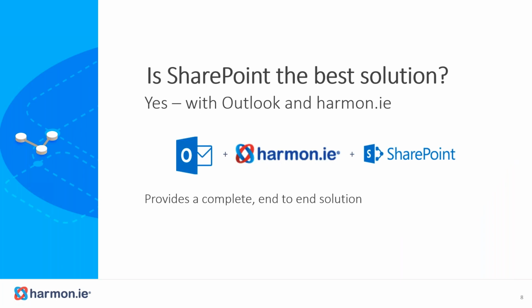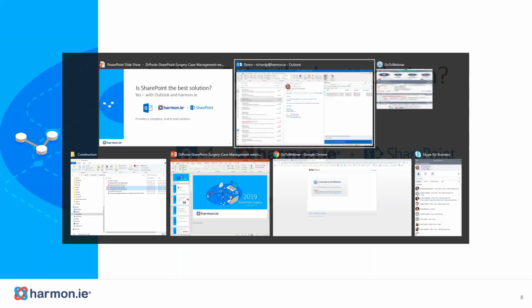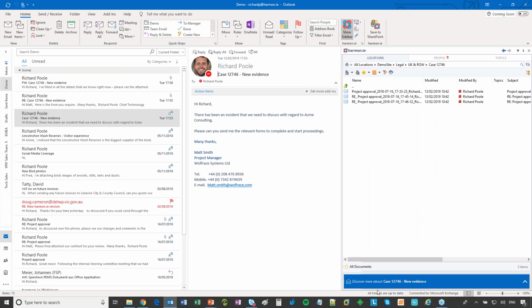It's the best solution, with Harmony integrating Outlook and SharePoint together and bringing a very fluid and natural user interface, as we can see in my Outlook. So, for example, here, if I just minimize this for a second, we can see that I've got access to, in this case, a case that I'm working on.